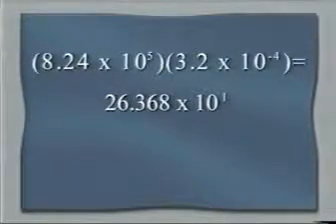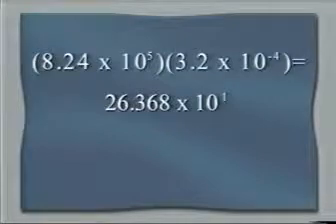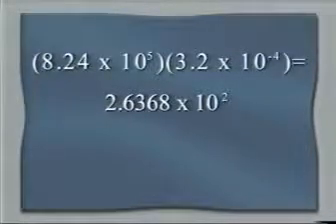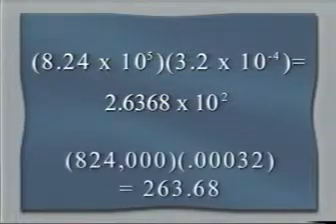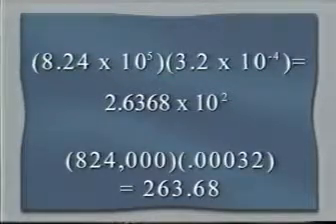But remember, in scientific notation, we want to write that number between 1 and 10, so we change the notation to be 2.6368 times 10 to the 2nd. That means the 2 must be in the hundreds place, so our answer to multiplying this rather big number by this fairly small number is 263.68.